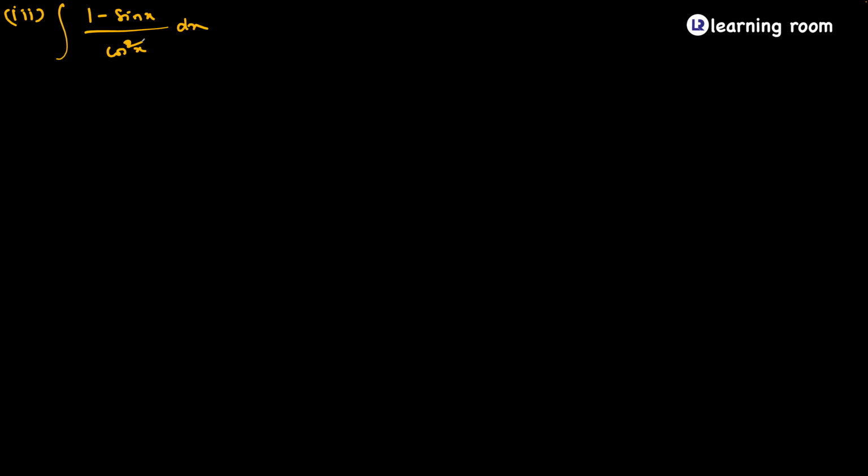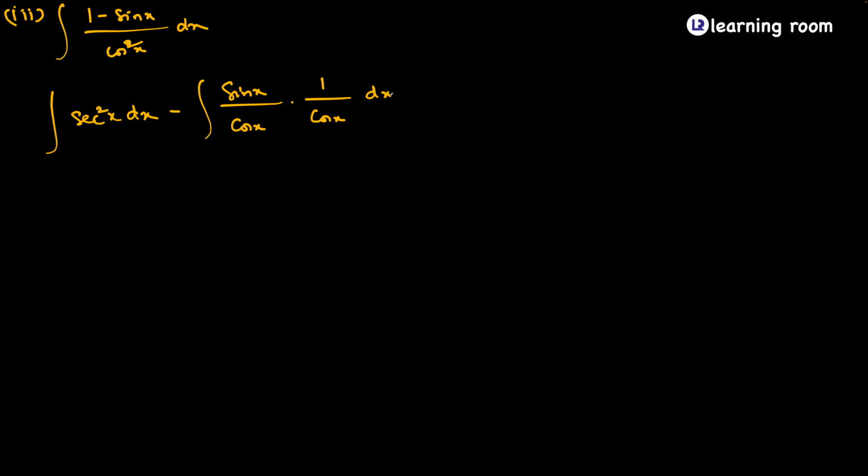So in this case, what are we supposed to do? 1 divided by cos square x. So you are going to split each term with the denominator. 1 by cos square x is going to be secant square x dx minus integral of sin x divided by cos square x. So I'll write it as sin x divided by cos x into 1 divided by cos x dx. Makes sense?